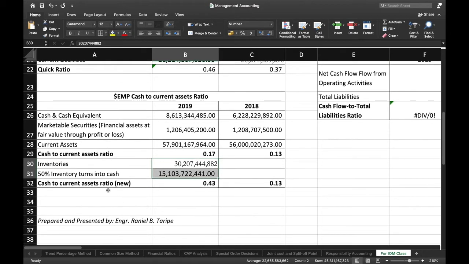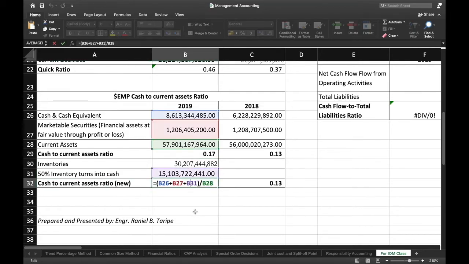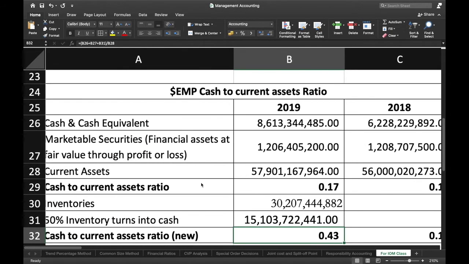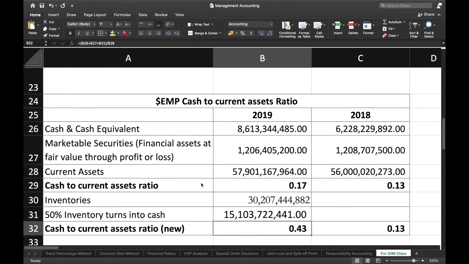And as you can see, the cash to current assets ratio is now, ang ginawa natin po is, dinagdag natin itong inventory na 50% doon sa ating marketable securities and cash equivalents, kasi yun yung condition na binigay over sa B28, which is the current assets. Malamang, since nadagdagan yun, lumaki din yung ating cash to current assets ratio. Naging 0.43 sa year 2019. Ayun siya. Next.